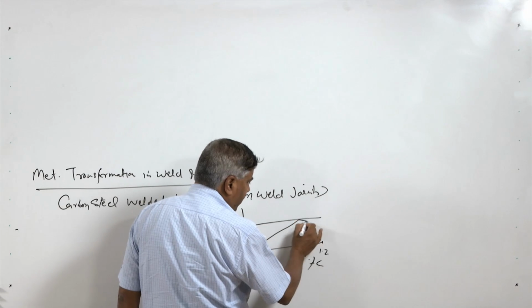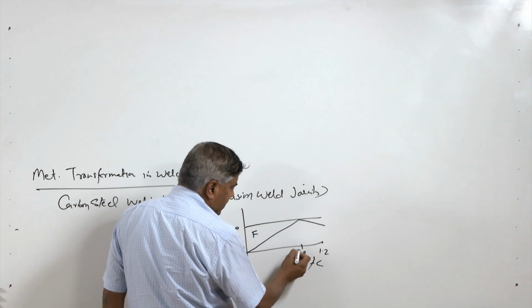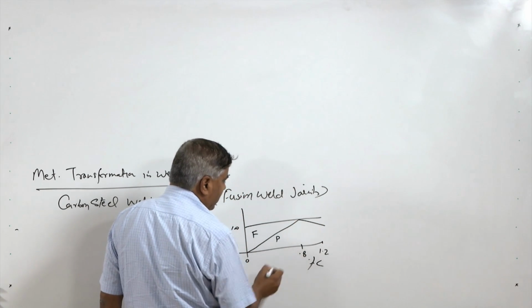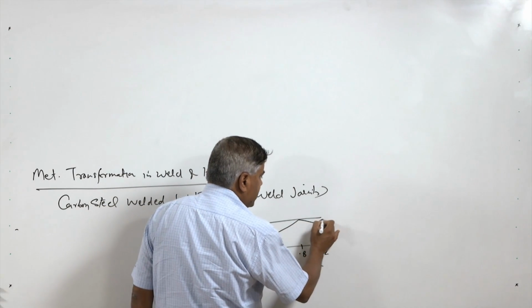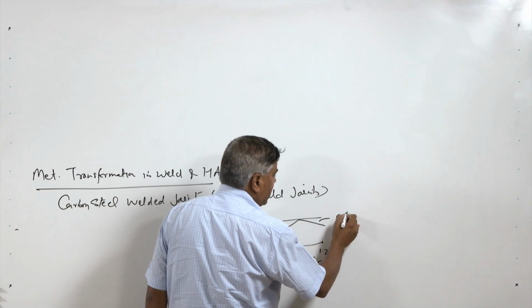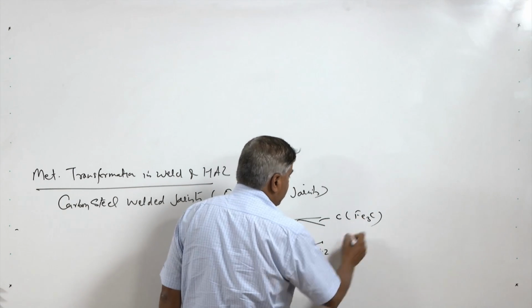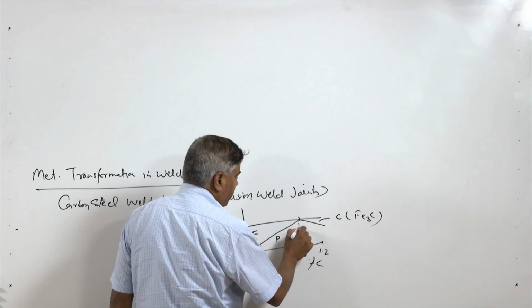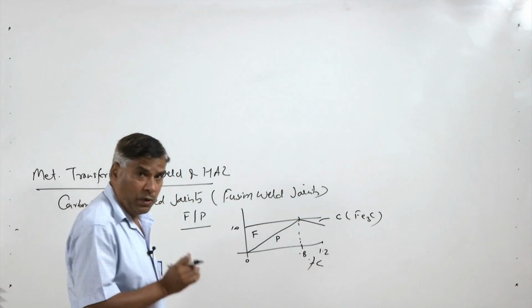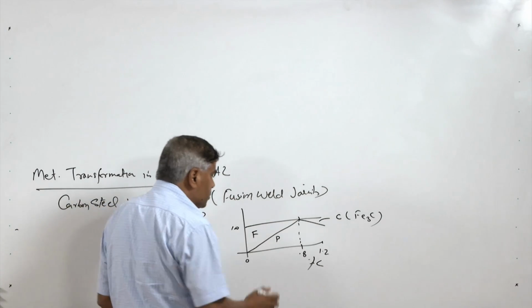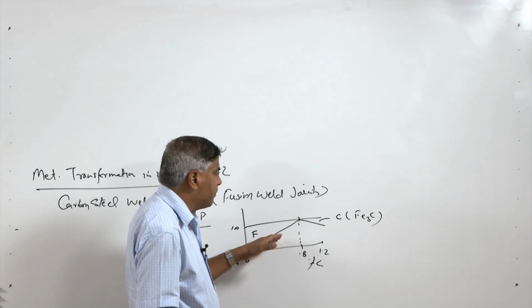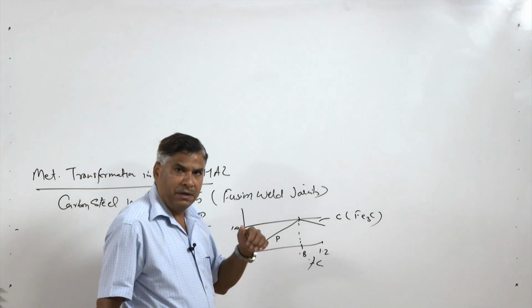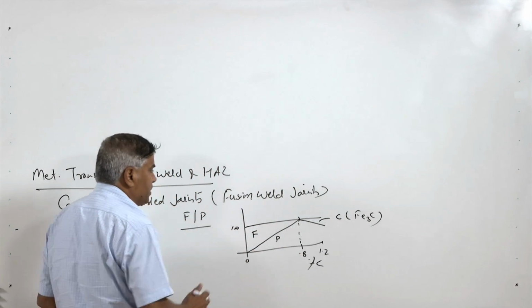With the increase in carbon content, our pearlite content keeps on increasing, and beyond the eutectoid point we start to see the cementite, which is Fe3C. So, this change in the fraction of the ferrite and pearlite with the increase in carbon content is attributed to the changing properties.